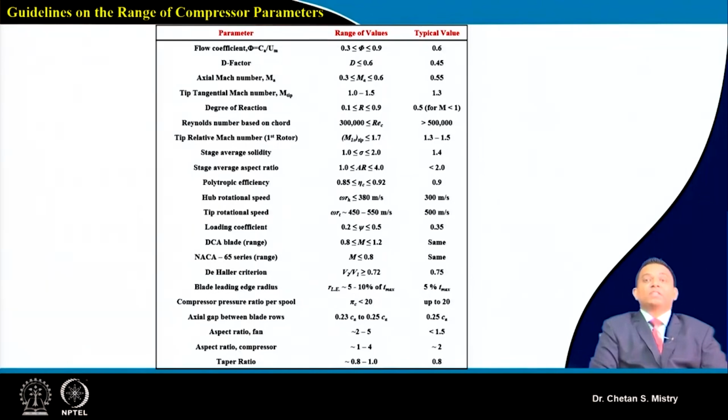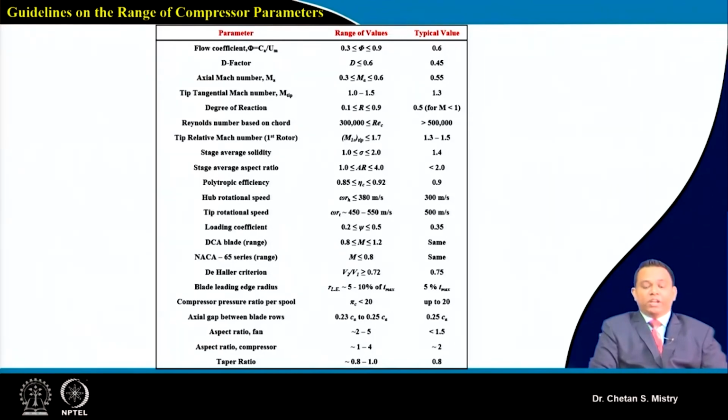That is the reason why this is a very important parameter. Based on my chord, that number needs to be in the range of 3 lakhs, and the preferred number is less than 5 lakhs. Now the relative Mach number is in the range of 1.7. It is preferred to go with 1.3 to 1.5, which is an okay number.